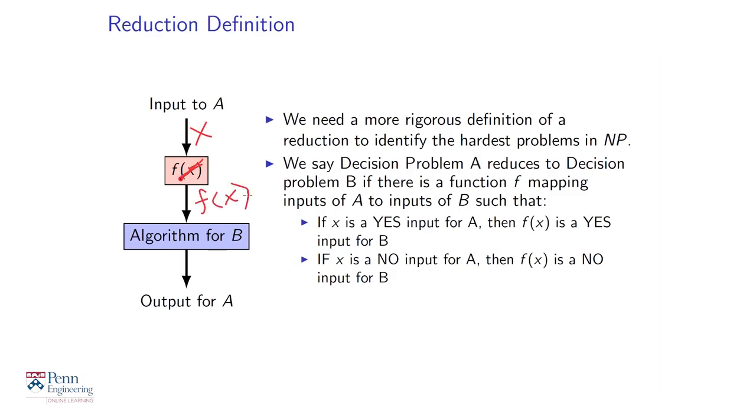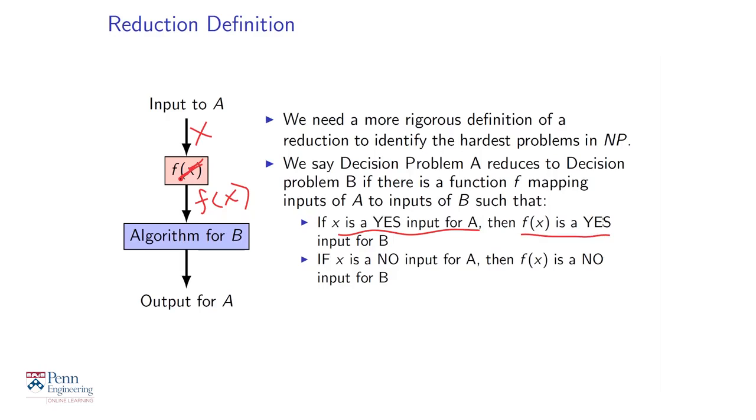We've seen this before. And what we want the reduction to do is that if x is a yes input for A, meaning the answer should be yes when the input is x in the problem A, then f of x is a yes input for B as well.